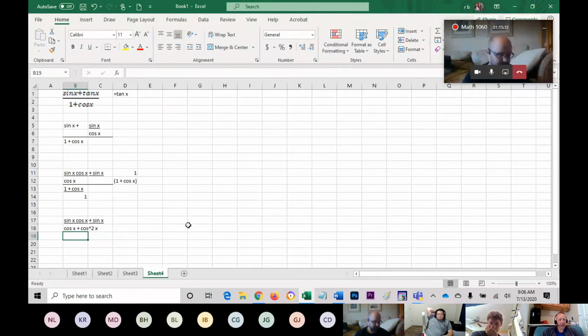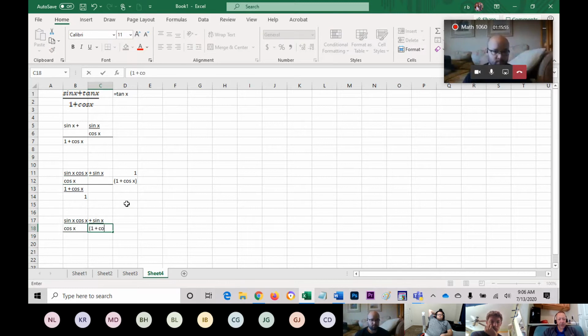Yeah. Okay. Actually, I should have left that alone. You know what? I'm not going to do that. I'm going to leave this here. I'm going to leave this copy as cosine of x times 1 plus the cosine of x. Okay. So I'm not going to multiply those together. Okay. Now here's where the factoring is going to come out.